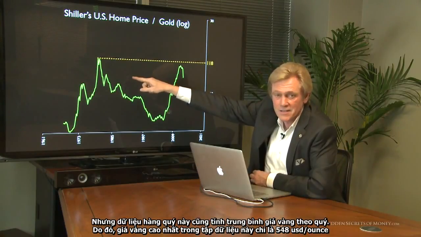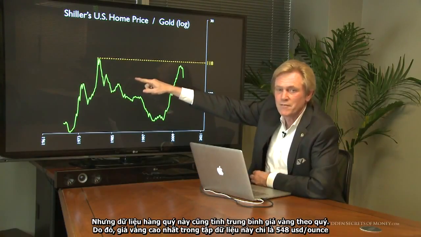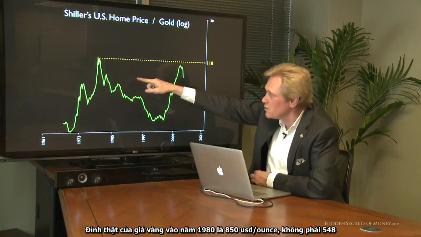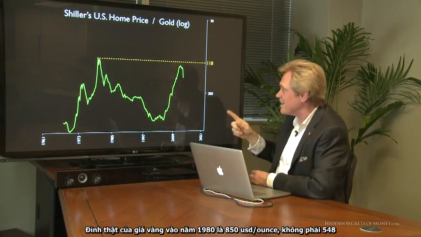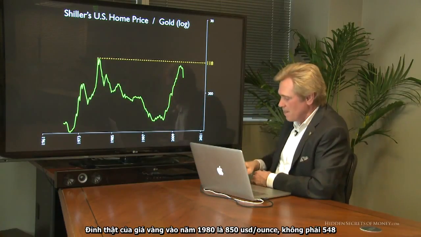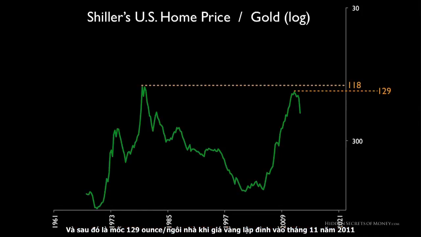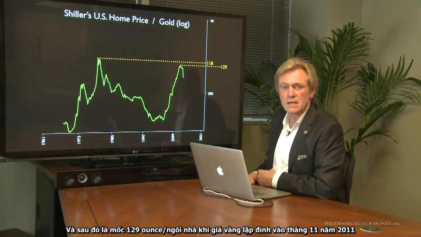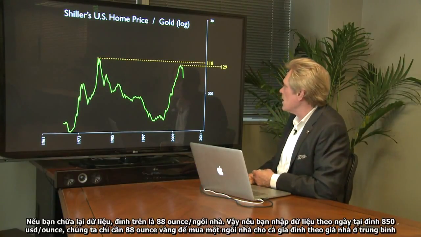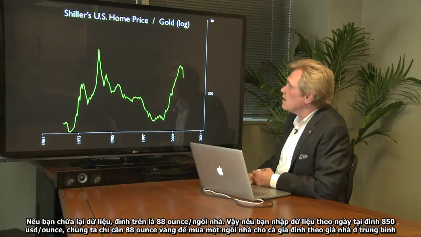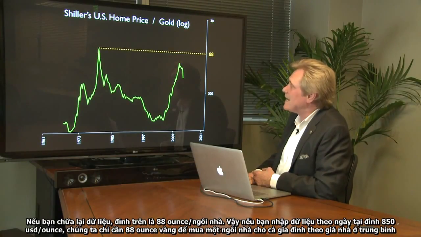So the high in this data is only $548 for gold. Gold hit $850 in 1980, not $548. And then it shows that we came up here to 129 back when gold peaked in September of 2011. And if you correct this data, those peaks are 88.